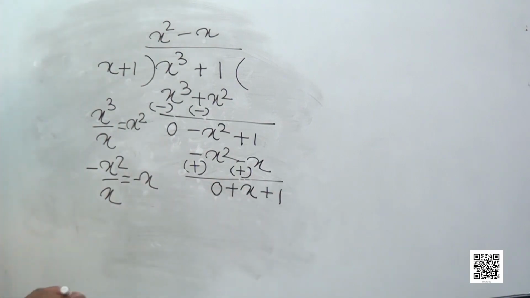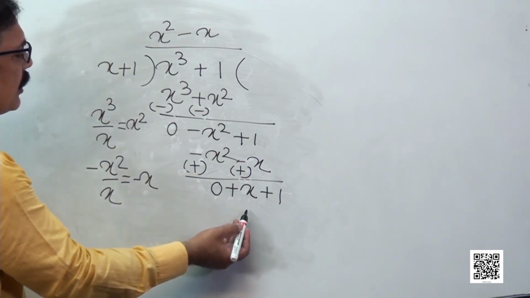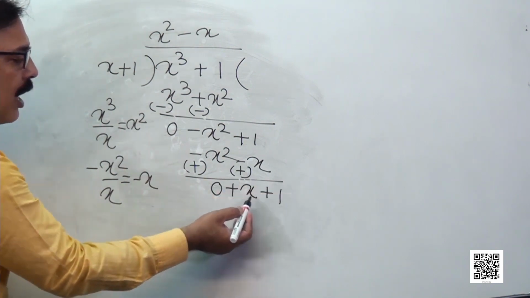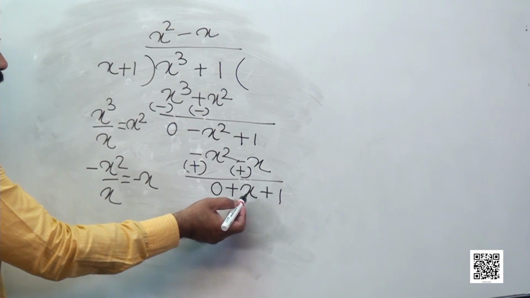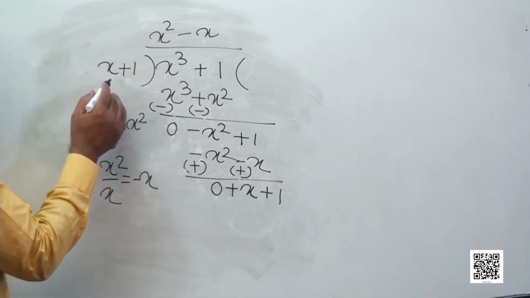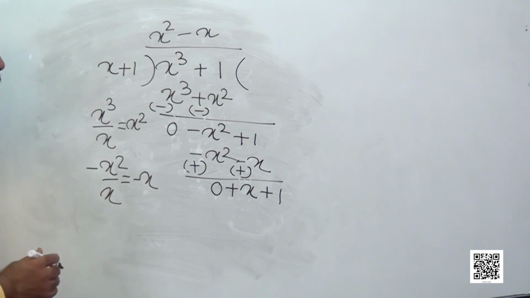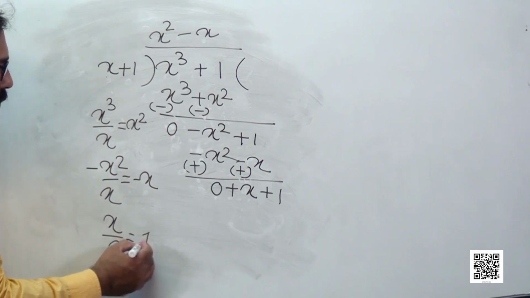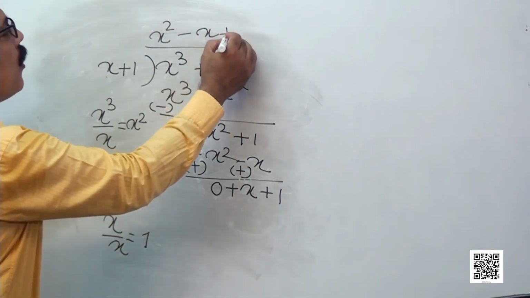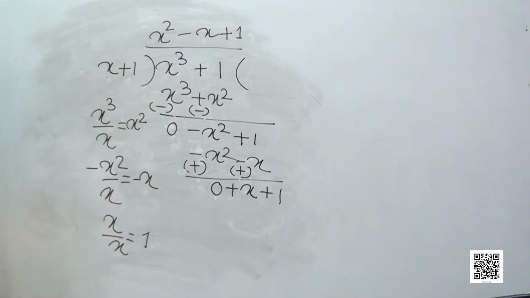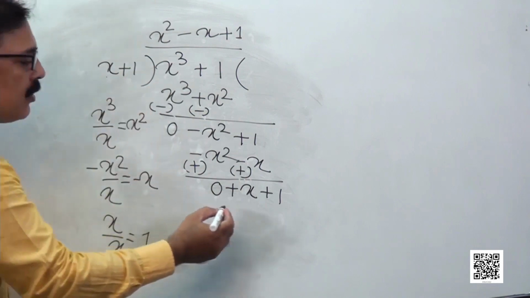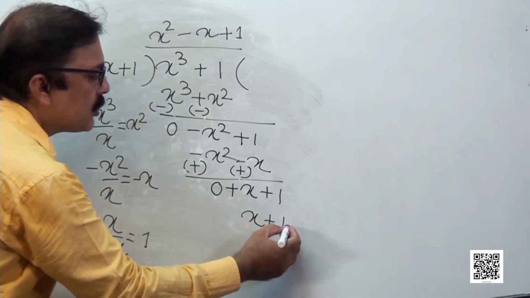Now see, to get the third term of the quotient, we divide the first term of the new dividend x plus 1 by the first term of the divisor, that is x by x, that gives 1. So the third term of the quotient is 1. Multiply this 1 with x plus 1 will give x plus 1.